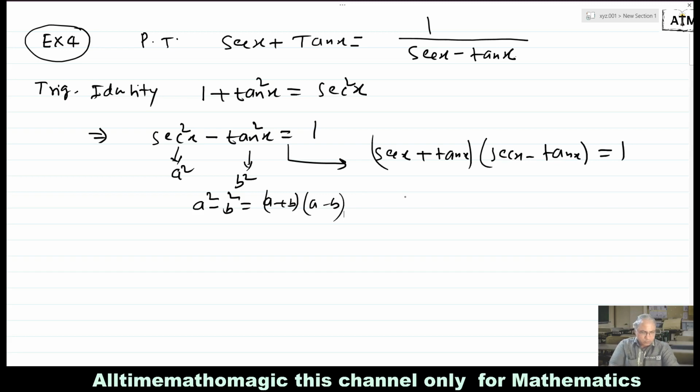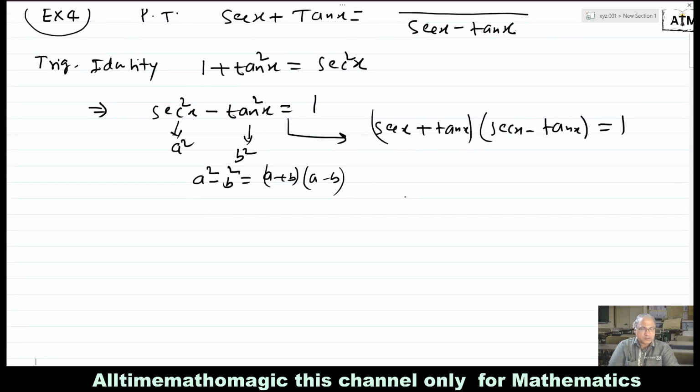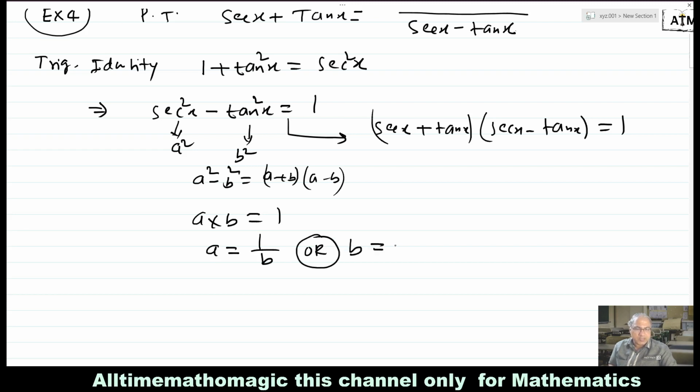Now, we know the formula. What is the formula? If a into b equals 1, then we can write a equals 1 upon b, or we can write b equals 1 upon a.